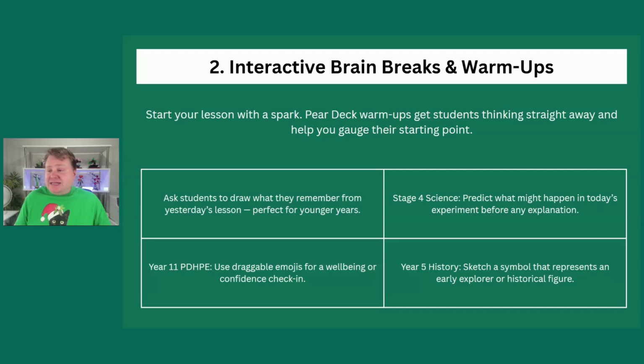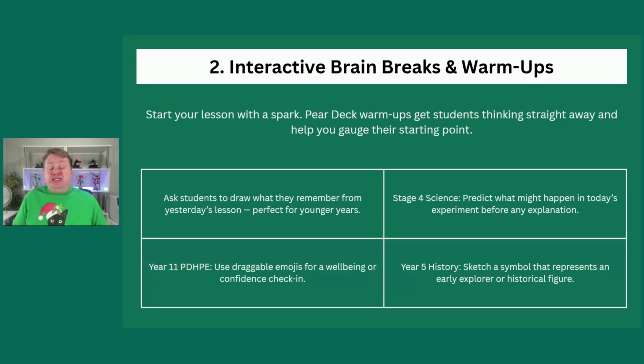All right, our next example here is maybe you have a stage 4 science class. Where I teach, we use stage-based year groups, so in our particular context, stage 4 is actually years 7 and 8. So maybe you've got a year 7 or year 8 class, and you use Pear Deck to get them to predict what might happen in today's experiment before you actually give them any explanation or context.